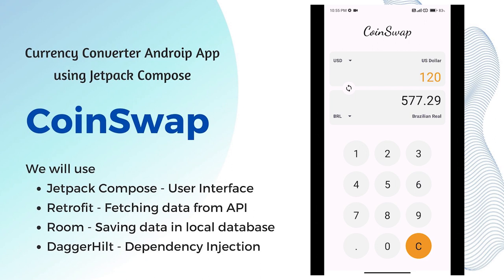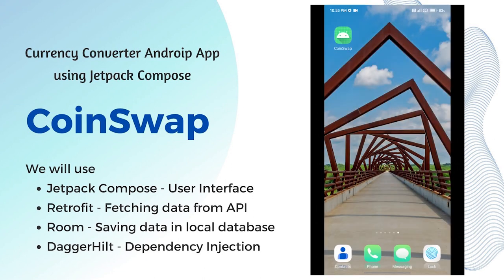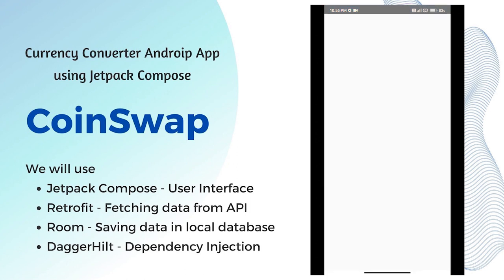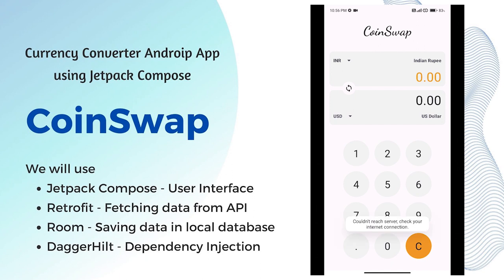And also if I close this application, and now if I start our application in the offline mode, then we can see our app will show this toast, check your internet connection. Despite that toast, in the offline mode we can still convert our currency. Like if I try to type 400, then we can see we are converting our currency smoothly.